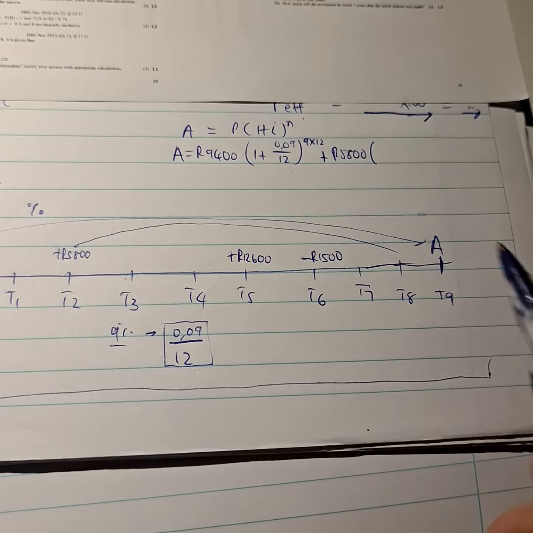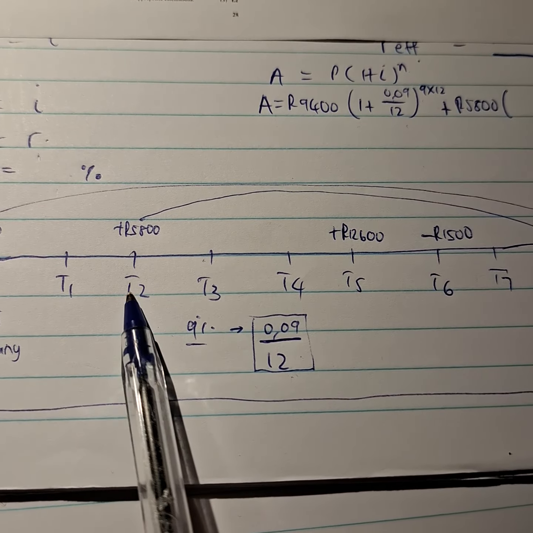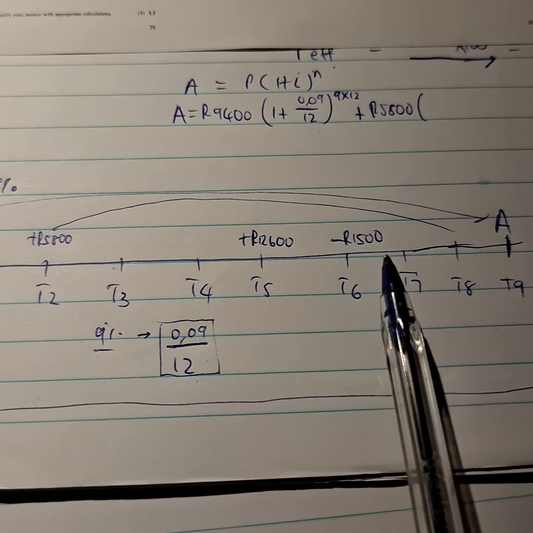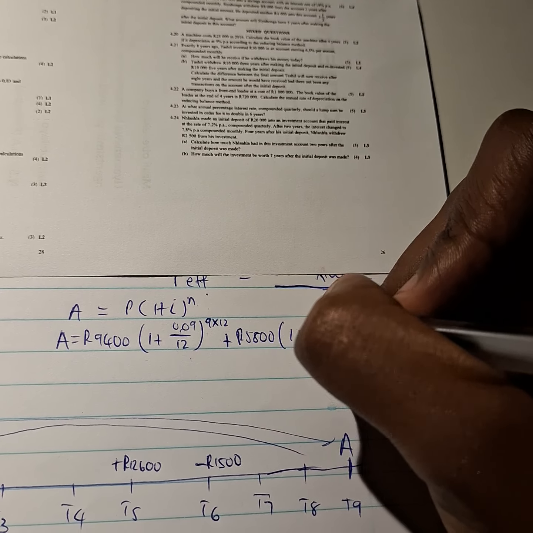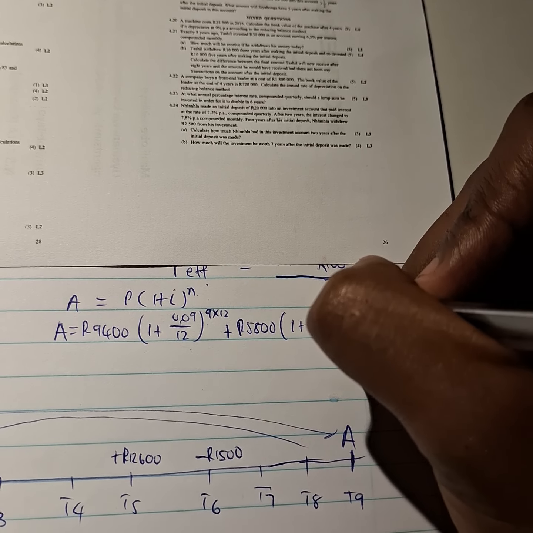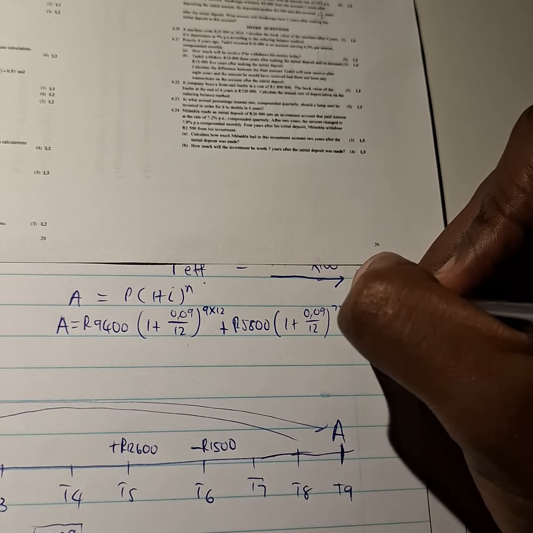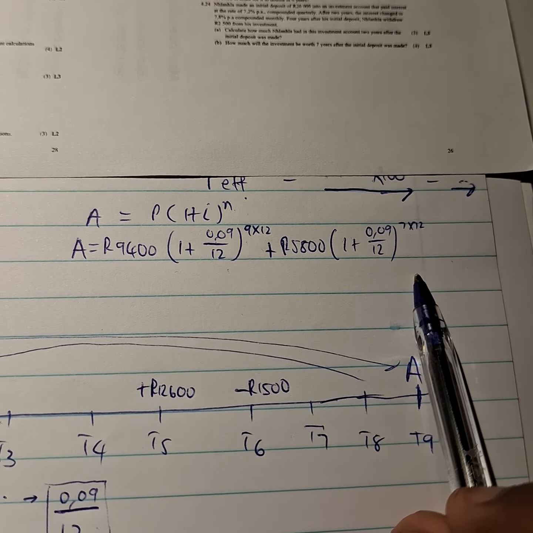Which interest rate? This one. For how long? 1, 2, 3, 4, 5, 6, 7. For 7 years. So we're going to say 1 plus 0.09 over 12, to the power 7 times 12. Make sense?